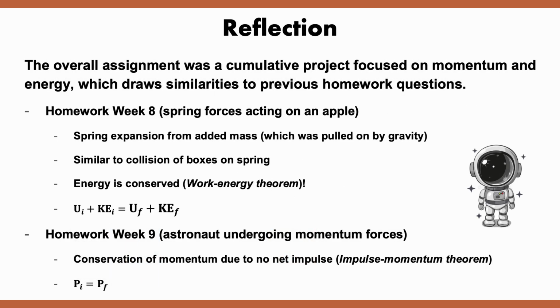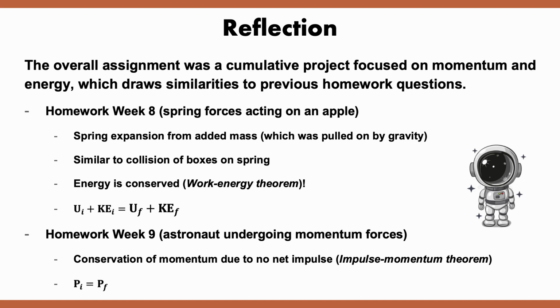Some very specific examples of problems that we saw earlier in the class really helped us to solve this problem. On homework 8, we dove into the relationship of potential energy and kinetic energy, initial and final, as you see written here in the homework 8 section.